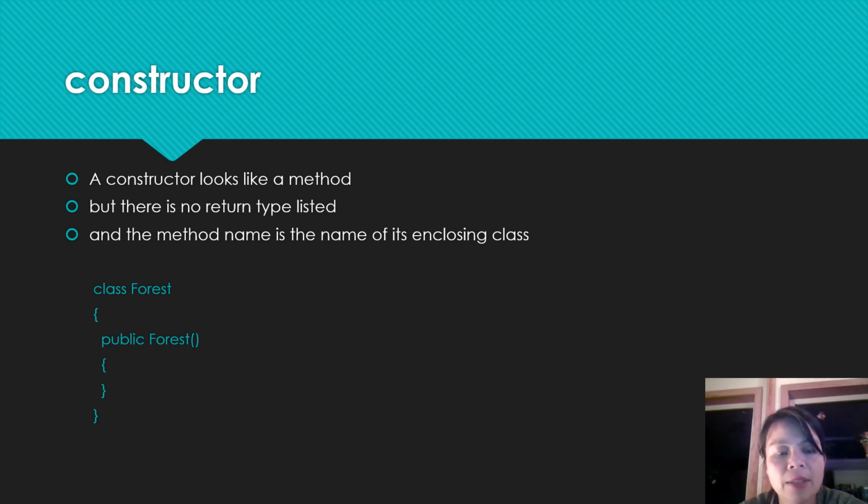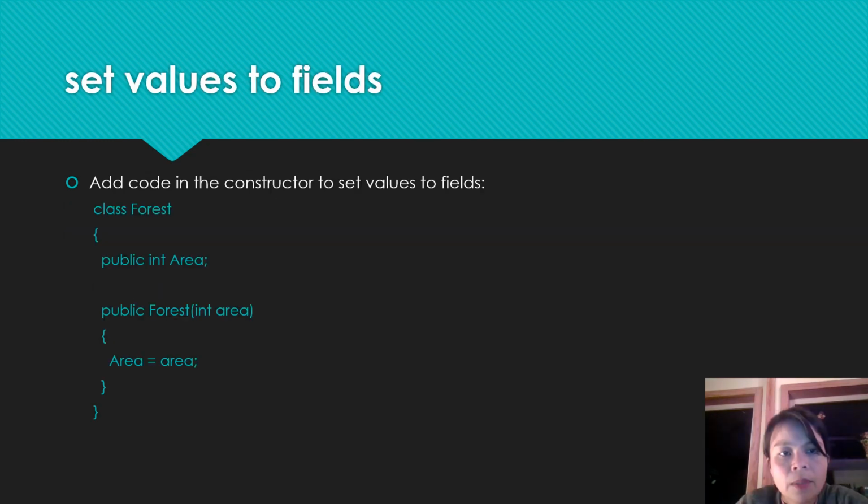So this is the class Forest, and this is a constructor, which is a type of method. There's no return type in here. Note that the method name is the same name as its class. So that's what a constructor looks like. To set values to fields, you add code in the constructor here.